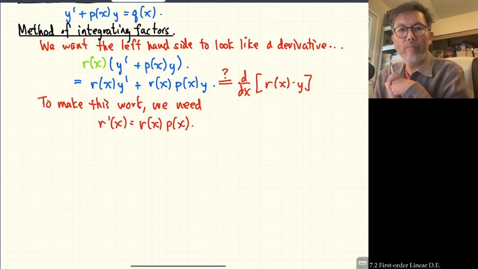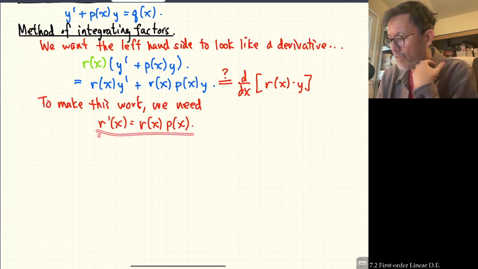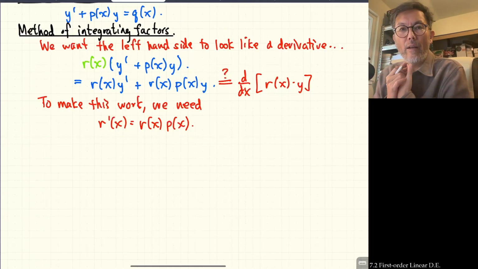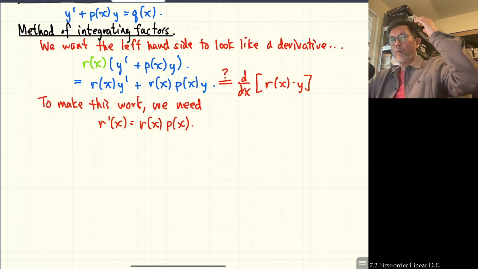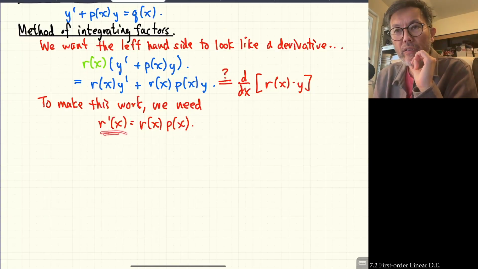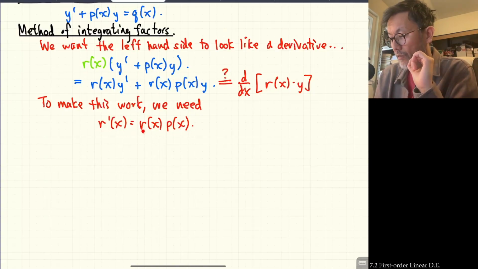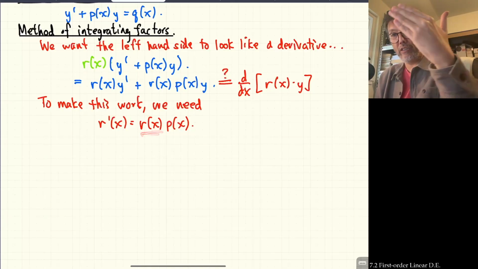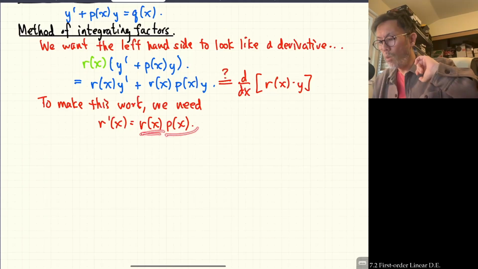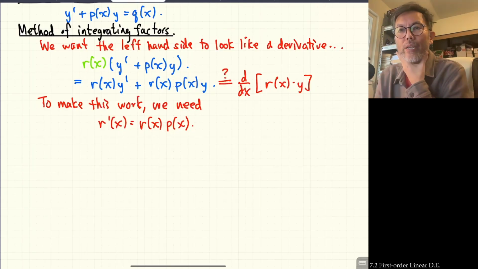You see that? So can we think of functions r which satisfy this expression here? What we're saying with this equation is that r prime of x is r of x multiplied by this other function p(x).